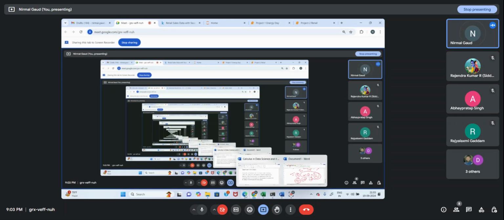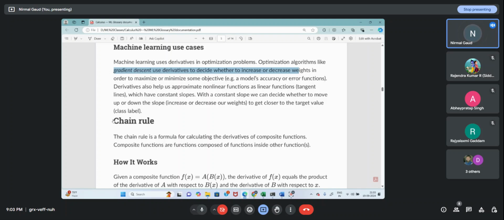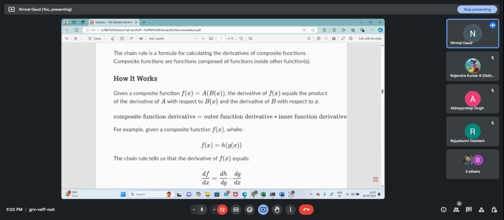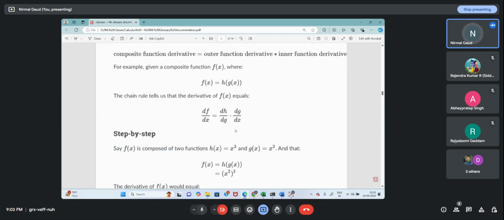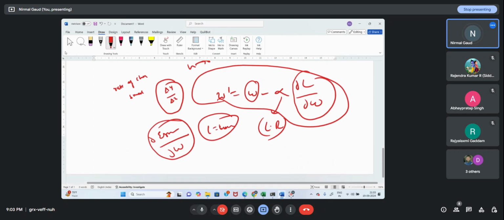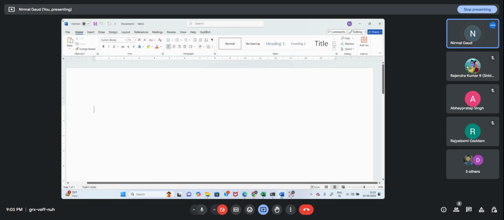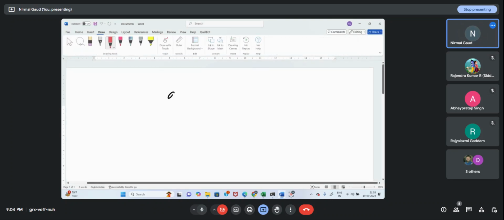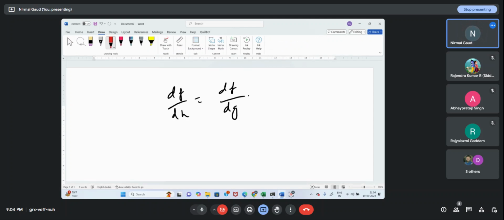Then in chain rule also, we have to perform chain rule, and you know this thing. df by dx is equal to dh by dg into dg by dx. It's better, let me write from my side. df by dh is equal to df by dg into dg by dh.